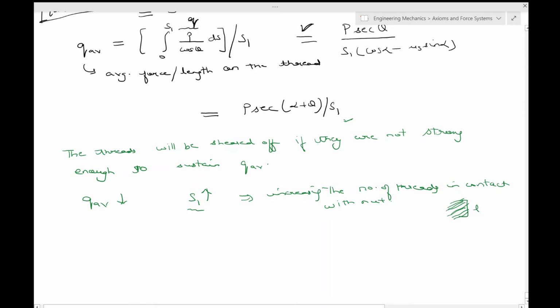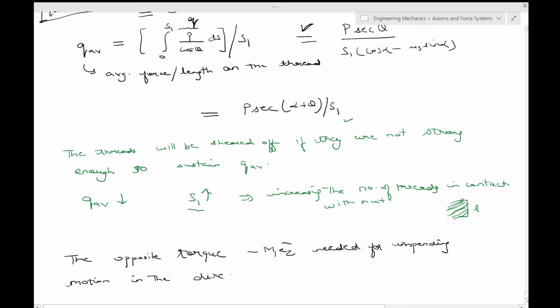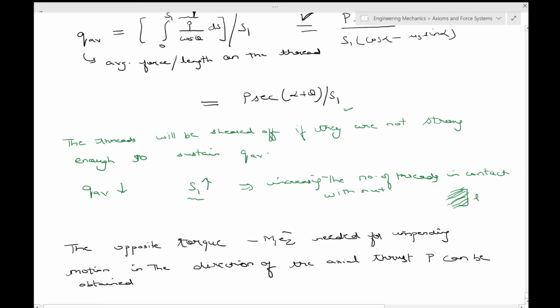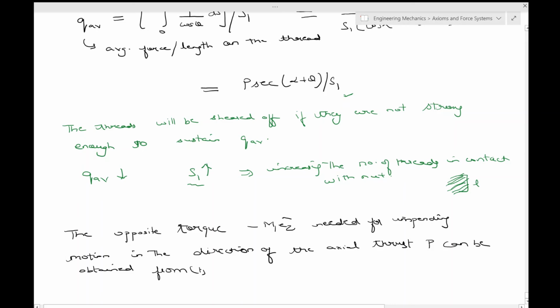Now the other thing can also be done. For example, the opposite torque, minus M1 Ez, where Ez, if you remember, is the axial direction, is needed for impending motion in the direction of the axial thrust P. It can be obtained from the earlier result.